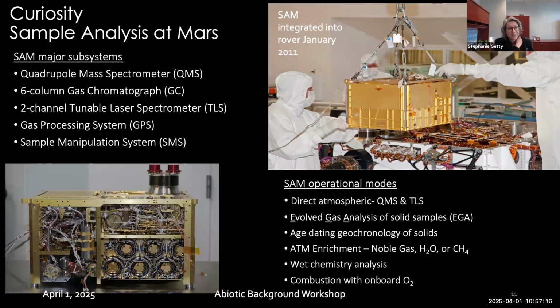You can conduct age dating, geochronology, through the noble gas measurements. You can do atmospheric enrichment of noble gases, of water, of methane through the gas processing capabilities. You can do wet chemistry analysis through the derivatization capabilities that SAM brought on, and you can do combustion of reduced carbon through exposure to oxygen.